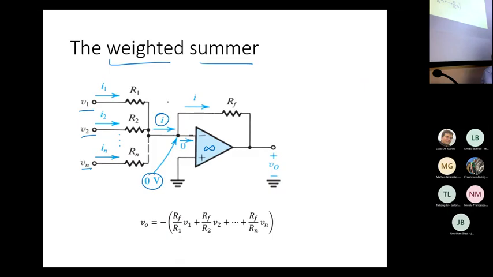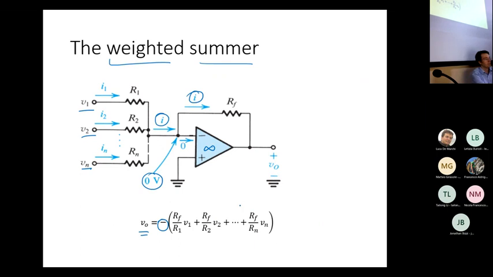This current then flows through Rf. So basically the current is multiplied by Rf with the negative sign to compute the final value for the output.